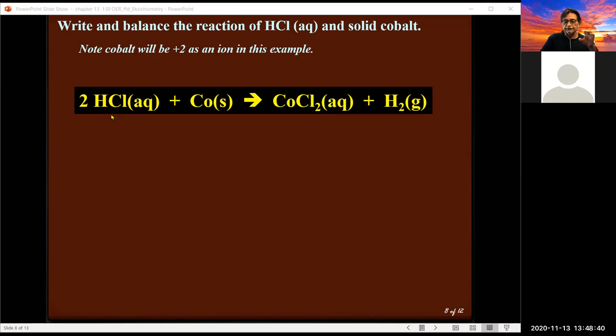so we got hydrochloric acid. You remember the activity series is just underneath, right above the solubility rules. Let me pull it up because it's important that I show you this.